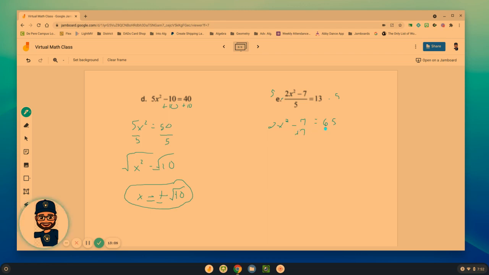Now we need to add 7 to both sides, and we have 2x squared equals 72. When I divide by 2, I have x squared is 36. And now that I've got the x squared component isolated, we can take the square root of both sides and say that x equals plus or minus 6. So a few steps in that one, but again, we're trying to isolate the x squared part so that we can eventually take the square root of both sides.